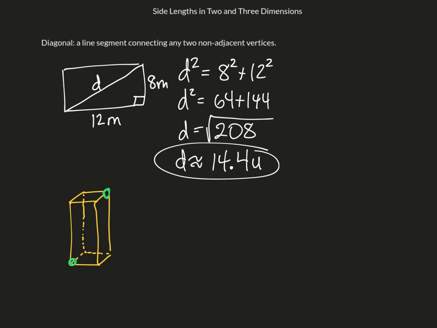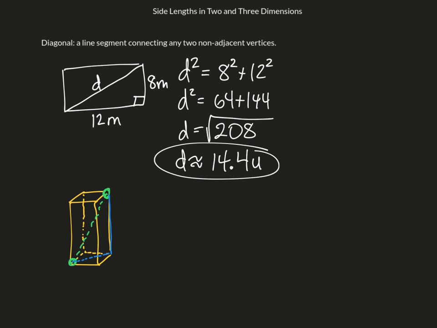And of course, there are 4 diagonals that you could draw, but if I sketch that one, I'll make it dashed again. How am I going to get that one? Hopefully you see a right triangle again, where we can use the diagonal of the base or the bottom, and then the side length. So that might be getting to be a lot for you, but that's what we need to focus on.